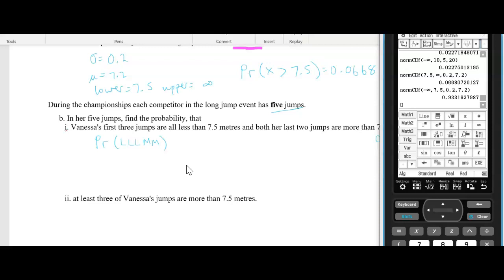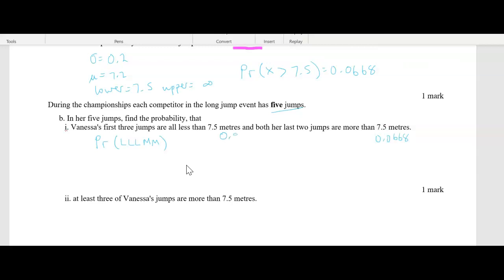All right, so I'm just going to write that here. So 0.9332. And you'll notice that they do add up to 1. So you could have just done 1 minus that. Okay, so we want the probability that she is less than 7.5 3 times.